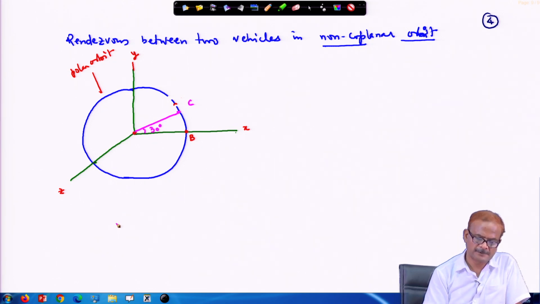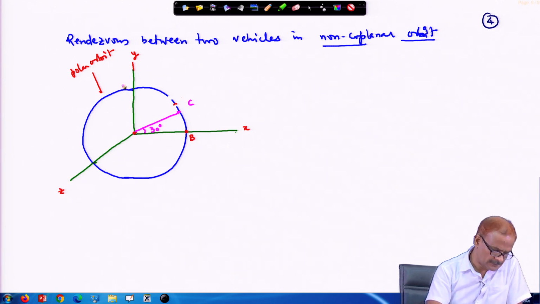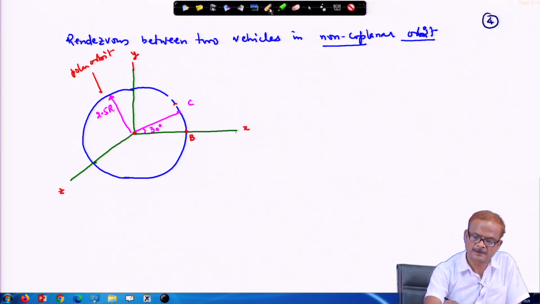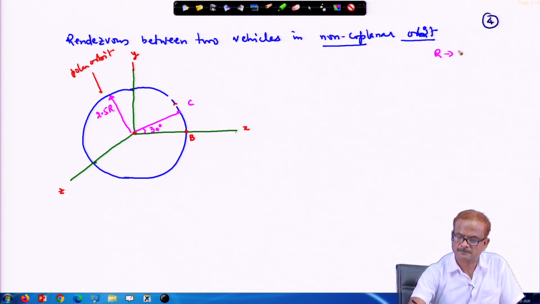This is the 30-degree angle. The radius of this circle is 2.5 r earth. I will simply write r earth as r, the radius of earth.